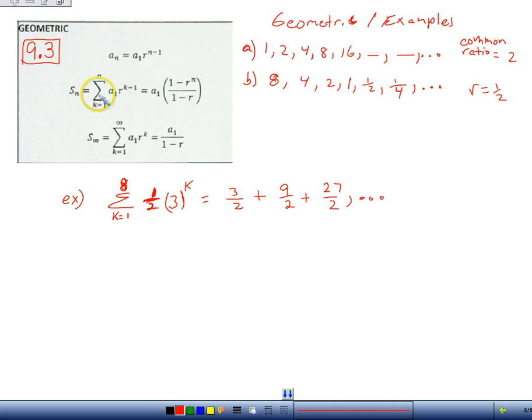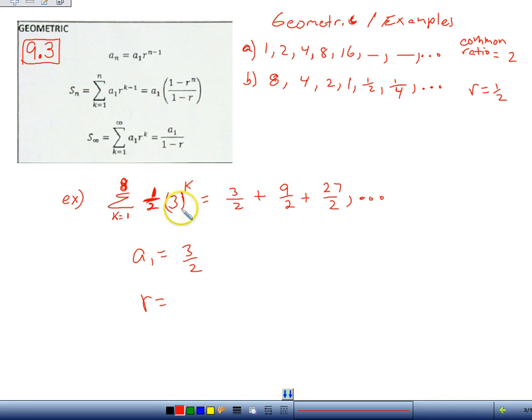Okay. Now if I'm going to use it, I need to know what a1 is, and in this case I can see that it's 3/2. I need to know what r is, and in this case there is a common ratio, and the common ratio is that you multiply each one by 3 to get the next one.